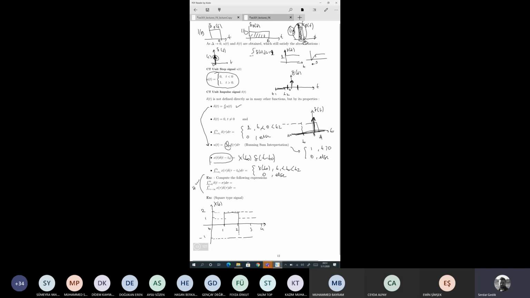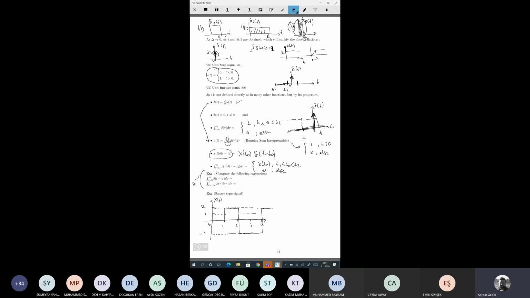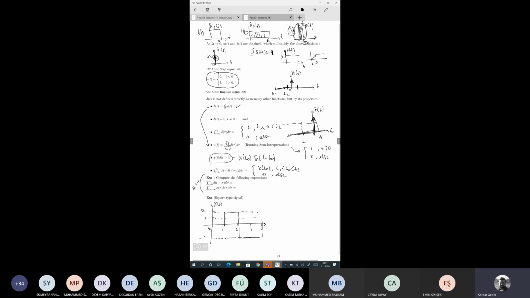Then it is here -1. Then +1. So this is my signal, x of t.